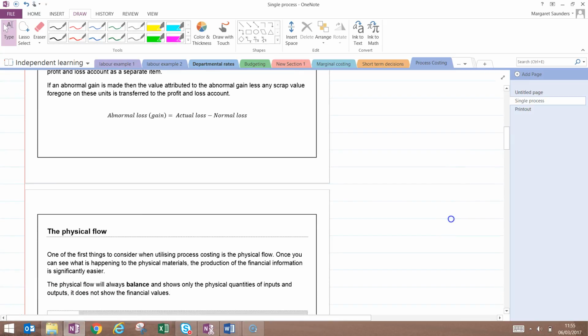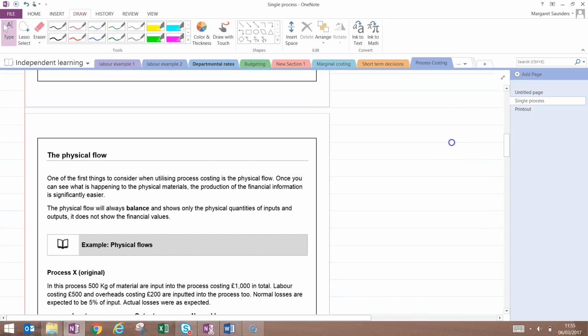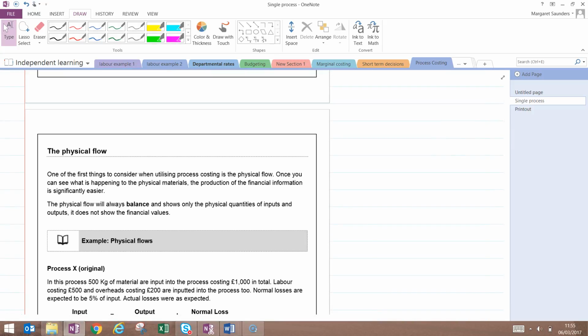So this will become a bit clearer as we work through some examples. Now, the first thing that you should do when you are dealing with process costing is to look at what we call the physical flow. The physical flow is looking purely at what has happened with the quantities of material.